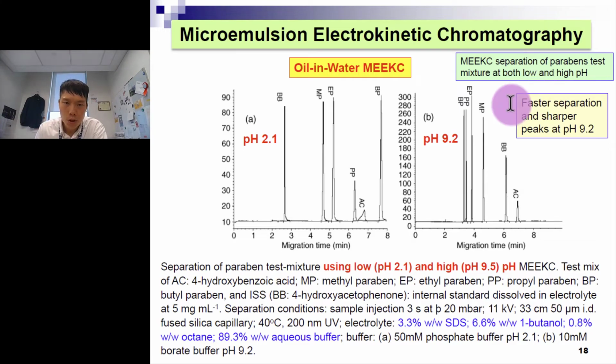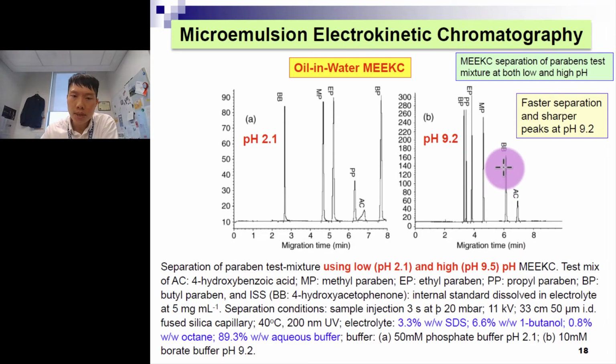Next, comparing the pH, right? At an extreme pH and a low pH, again you see a difference in the order of migration of your analyte. At the low pH, your BB comes out first, and at the high pH, which is not very extreme, the BB comes second last.